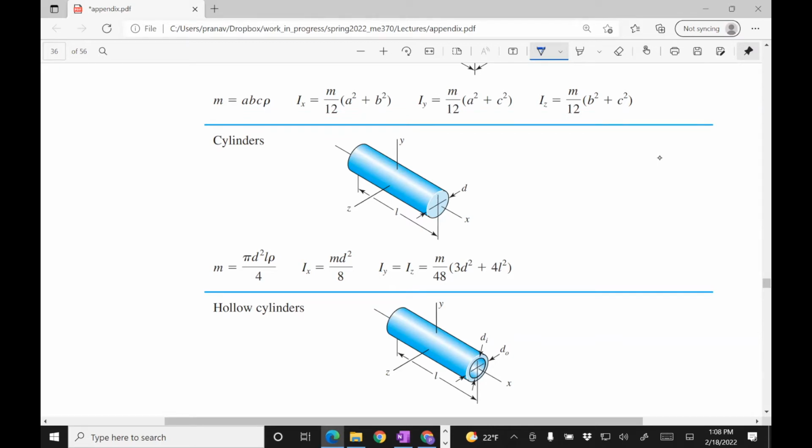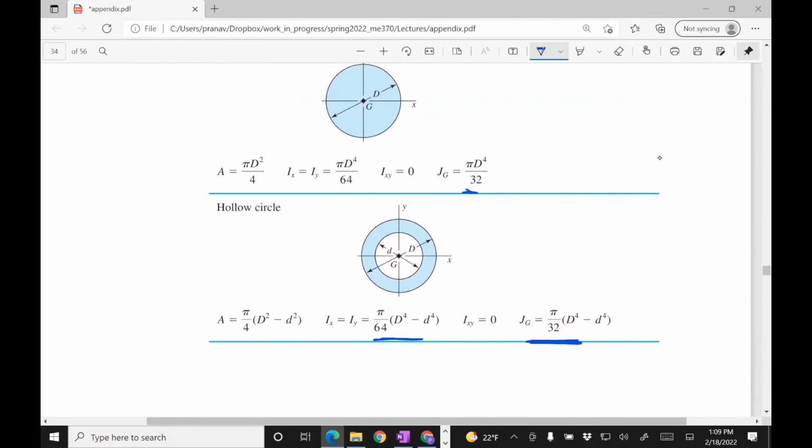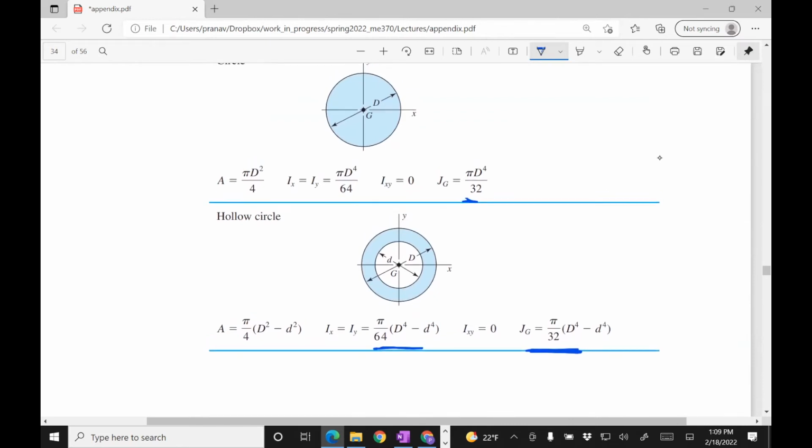So when you design machine elements, you do not go for a non-circular section when something is subject to torsion. You typically limit it to circular cross sections. So that's what you want to use. The J for the solid cylinder and J for the hollow cylinder, you just use superposition and subtract out d raised to 4, which is the inner diameter.